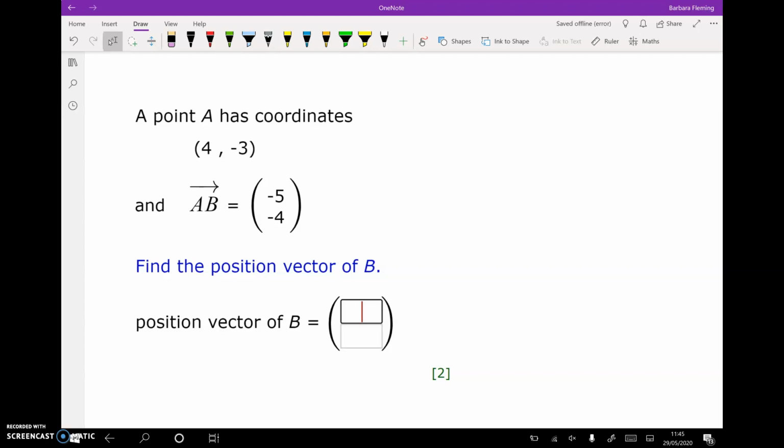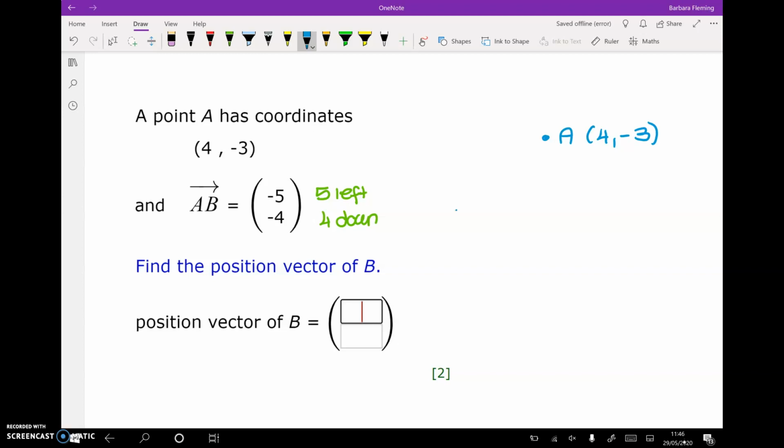So from that point A, which is 4, minus 3, if we're making that journey from A to B, that minus 5 means I'm going 5 left. And that minus 4 means I'm going 4 down. So if I think I'm going 5 left from my point A here, 5 left will bring me to -1 on your axis, if you think about that.